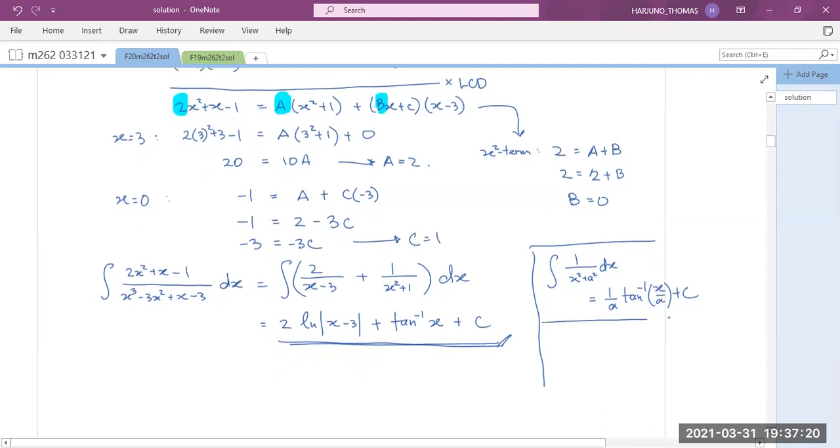And then sine inverse is actually the integral of 1 over square root of a squared minus x squared dx. That's sine inverse of x over a plus constant. Okay, but please memorize that.